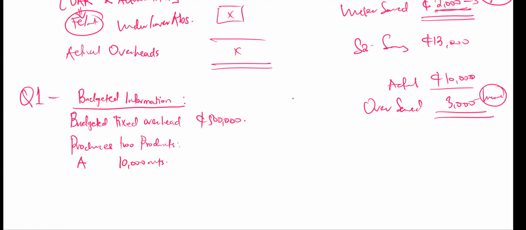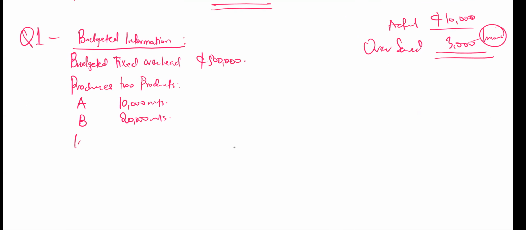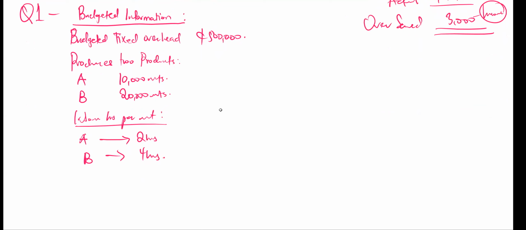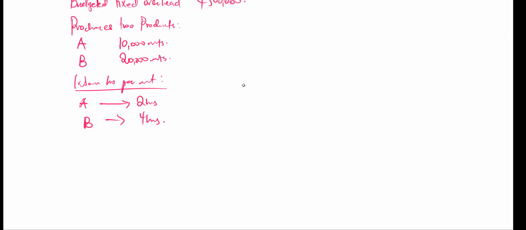Write it down, this is a full question. Product B is expected to produce 20,000 units. Let's see the labor hours per unit. For Product A, budgeted labor hours per unit is 2 hours. For Product B, budgeted labor hours per unit is 4 hours. This is the information that we have.